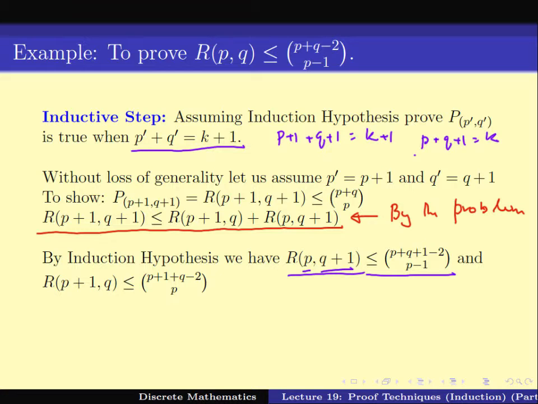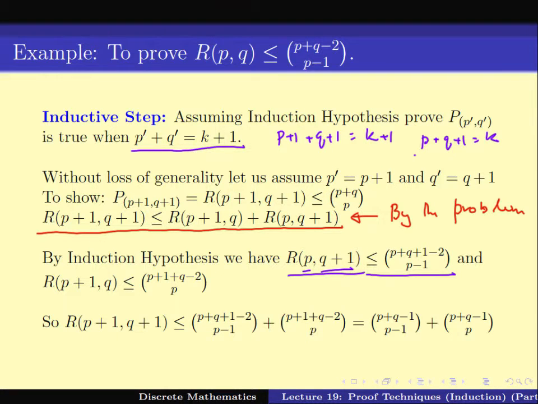So R of this comma this is less than whatever that is. And similarly, R of p plus 1 comma q. So plugging these two values in, we have R(p plus 1, q plus 1) is less than this plus this, which simplifies to this number.